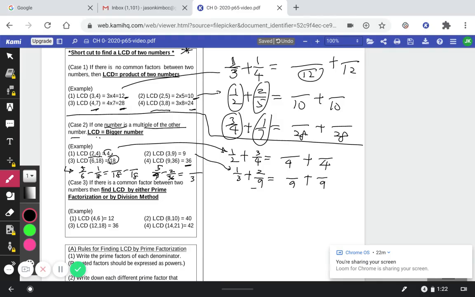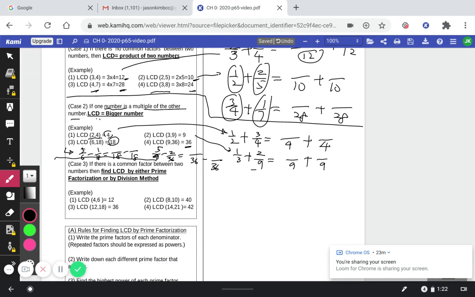They want you to change both into 36 because you cannot add or subtract without the same denominator. So you're finding the LCD, the least common denominator, which is the smallest common denominator.